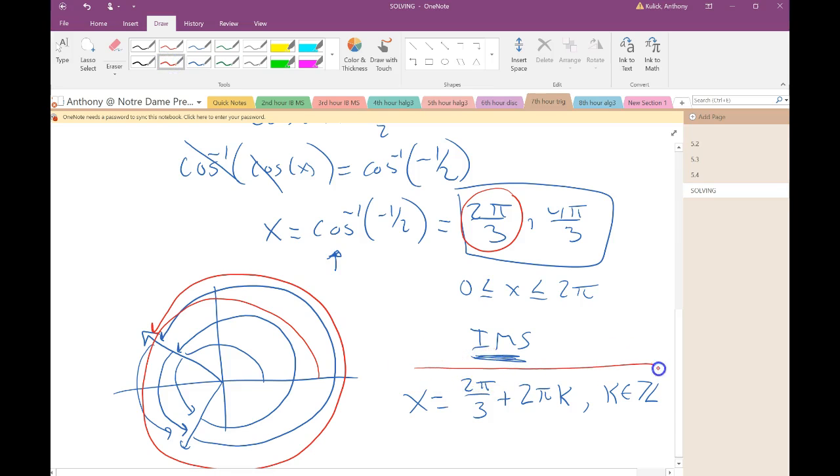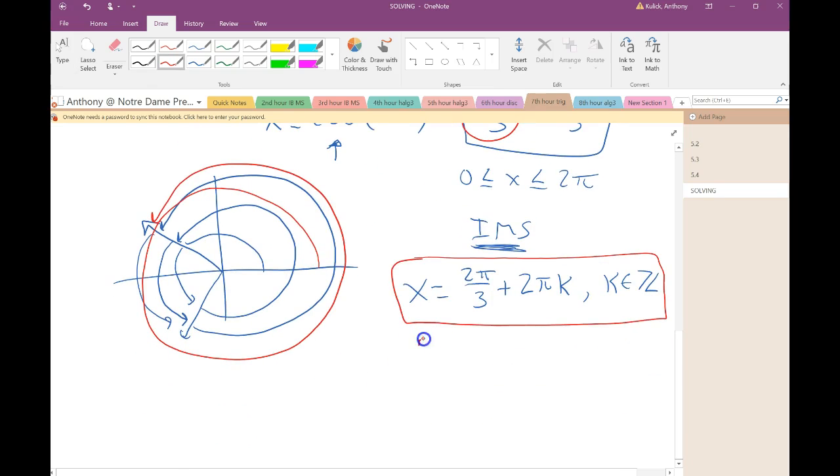So what is this saying? This is saying the answer is 2 pi over 3, and all the angles coterminal to it. That's just the notation that we write for it. How do we get an angle that's coterminal to 2 pi over 3? We add or subtract 2 pi. So that's what the 2 pi here is.